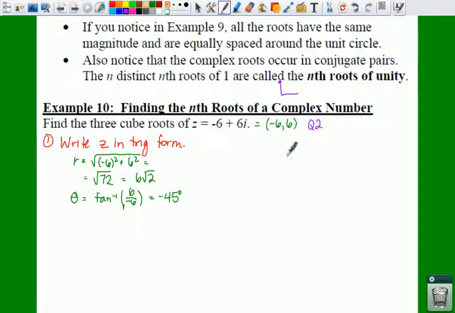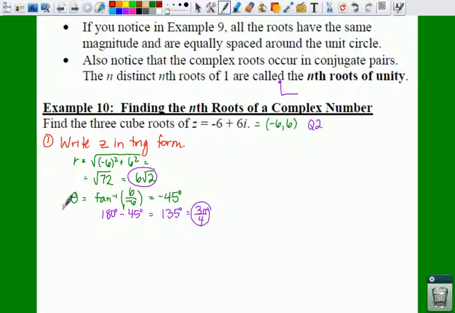That means that you're going to have to take 180 degrees minus 45. So your actual theta is going to end up being 135 degrees. Or, if you want to put that in terms of pi, that is a 3 pi over 4. So there is your theta. There is your r value.